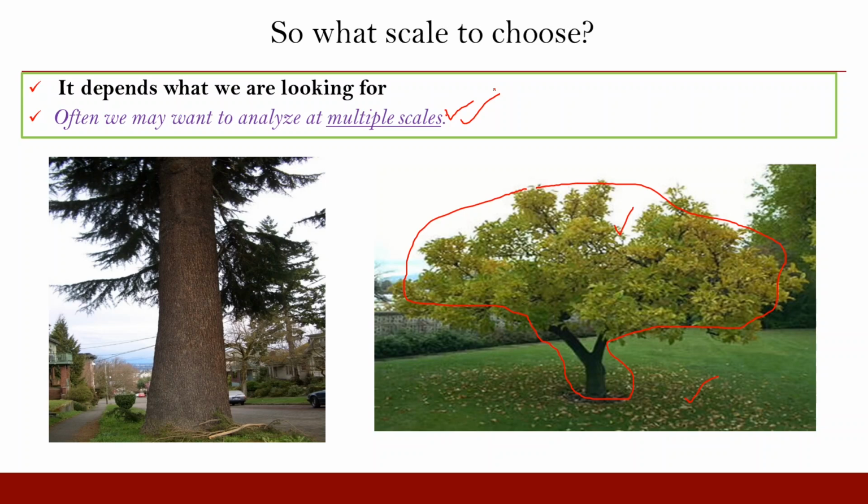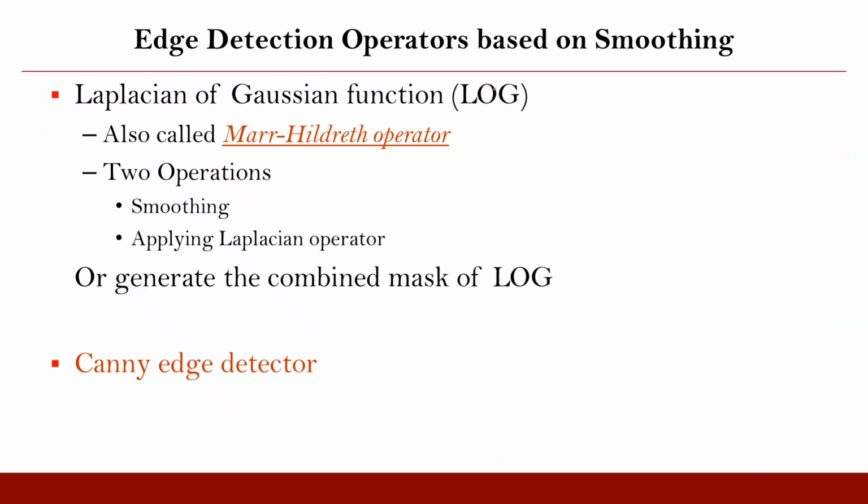Since here we are interested to use Gaussian filter to remove the noise, depending upon how much noise you have, we can suitably choose our sigma. If your image is very noisy, you can choose high sigma. If your image is not very noisy, you can choose a small sigma. Okay. So based on this, we have a few operators which are based on second order derivative.